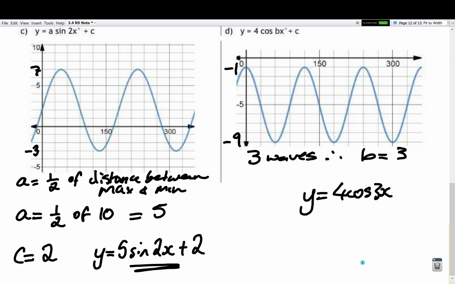So starting at 4 going down to -1, that's a distance of 5, that's like -5, and then it would usually have a minimum of -4. It now has a minimum of -9, so that's a distance of 5 as well. So it's been shifted down 5 places, therefore c equals -5 this time, because it's been shifted down 5 places. So this is therefore the graph of y equals 4 cosine 3x, take away 5.